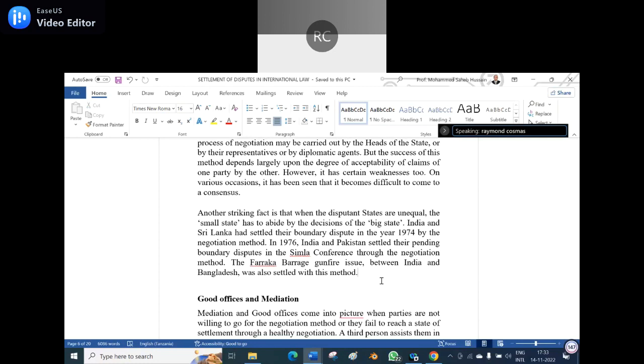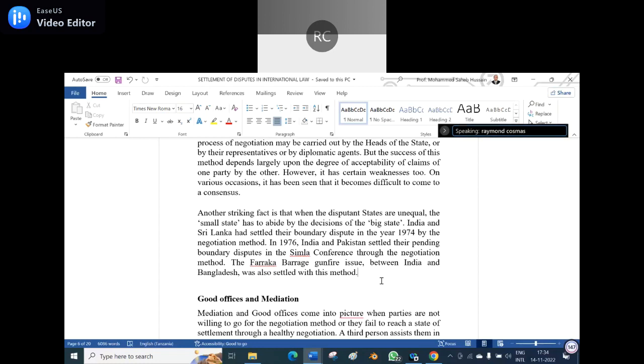In 1976, India and Pakistan settled their pending boundary disputes in the Simla Conference through the negotiation method. The Farakka Barrage issue between India and Bangladesh was also settled with this method.